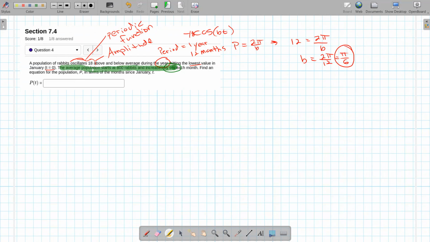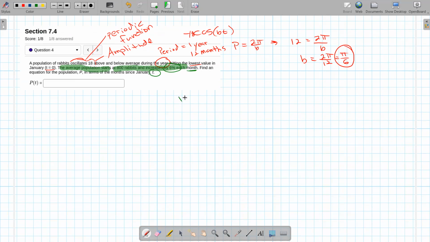Right here, think back to your previous math class. If you have a population that increases by a fixed percentage, then you're going to end up with an exponential equation. So each month, t is my months here.